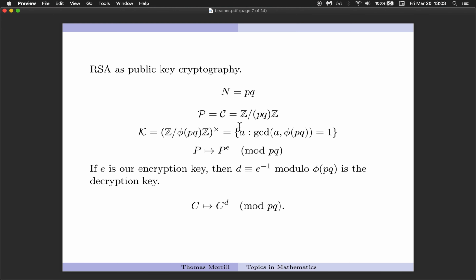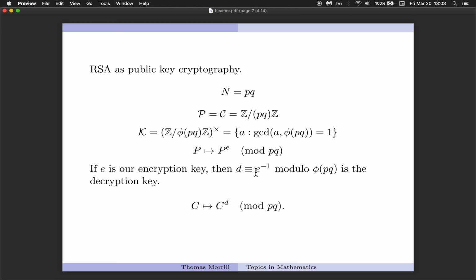My encryption function says take one of these exponents, e, raise your plain text message to the power e, and that produces a ciphertext. So here I'm using the letter E for encryption.